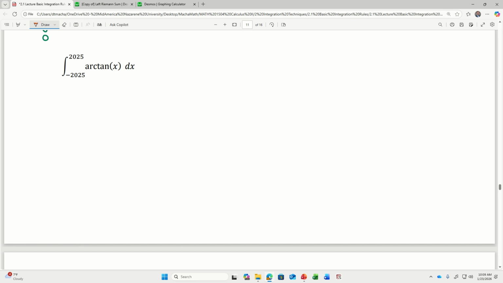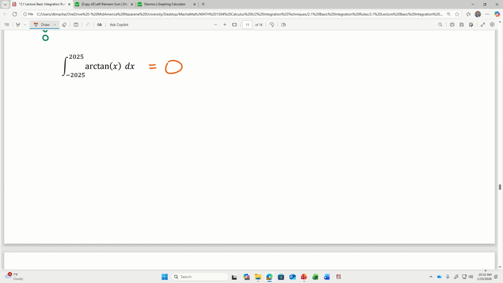It's odd divided by even, so it's going to be an odd function. The inverse of any odd function is an odd function. That's a rule you can keep in your back pocket. So arctangent is also an odd function. And if I've got this integral of an odd function and the bounds are clearly equal and opposite, it's just going to be 0. Ta-da! No work required at all.